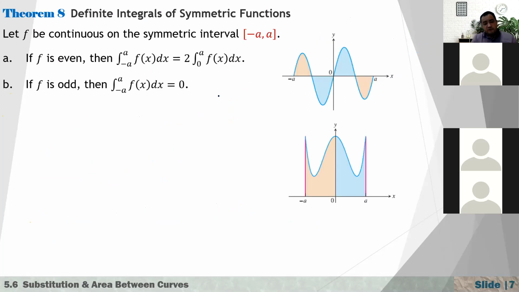So now we are going to prove two important, simple but important theorems, especially since when we use them, we can save a lot of time using this substitution method.